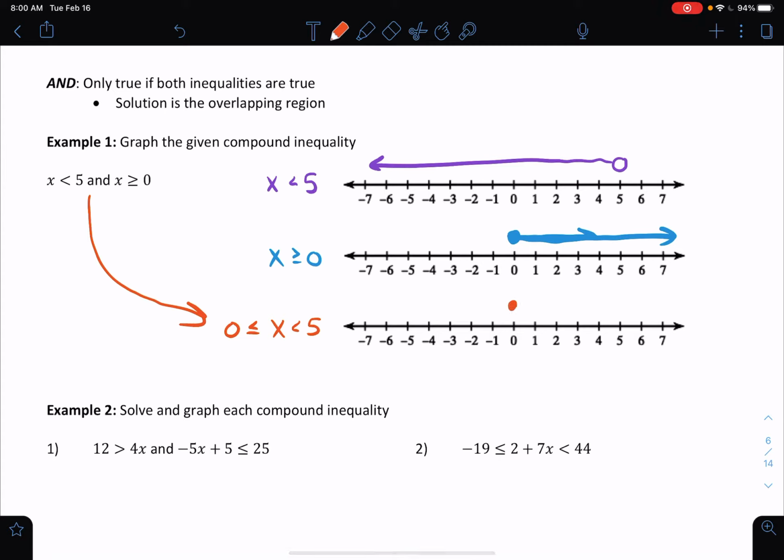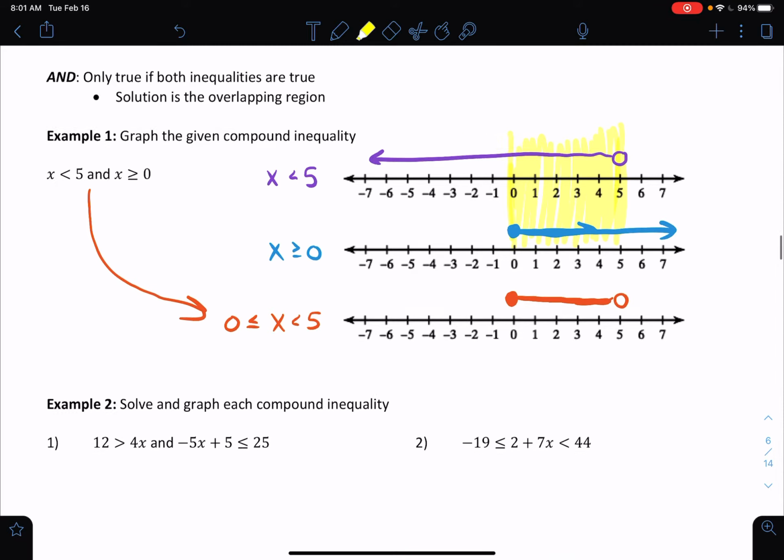I start at 0, and 5 is the max, and I'm going to shade the region in between them. That's the overlapping region when I graph those two inequalities together. You can see it right here. So when we're graphing a compound inequality with and, we're looking at that overlapping region.